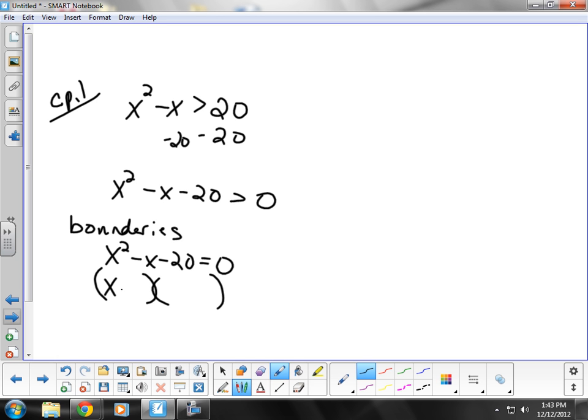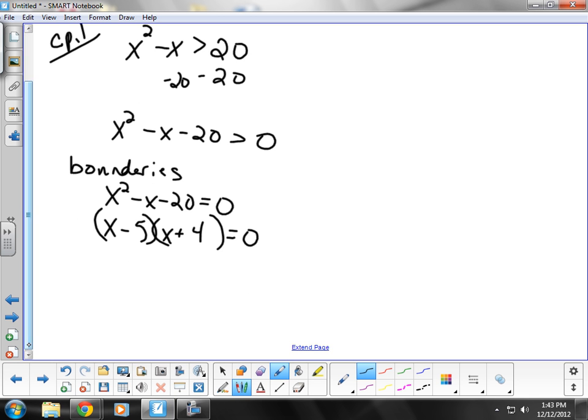That factors nicely into x minus 5 times x plus 4. Right? If it doesn't factor nicely, then you can put it in the quadratic formula, right? You always get an answer for these. So I've got x is 5 and x is equal to negative 4. Those are my boundaries.